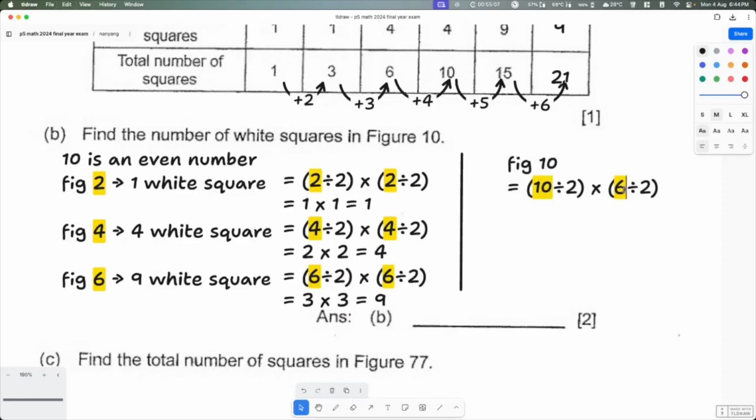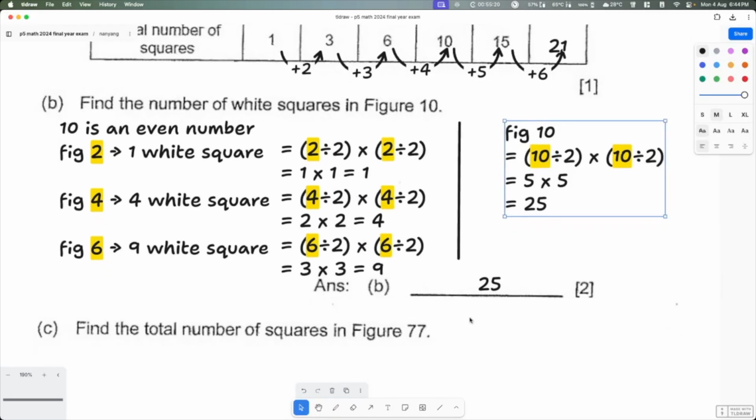This will be equal to 5 times 5, which is 25. That's the answer: 25.